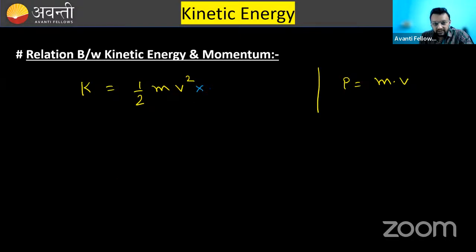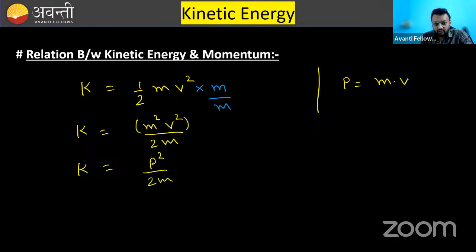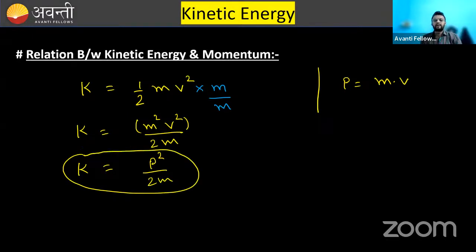If I multiply this term with m and also divide with m, then the numerator will become m square v square divided by 2m. Is it clear now? M square v square is what? P square. So K is equal to P square by 2m. So the relation between kinetic energy and momentum is K equals P square by 2m.